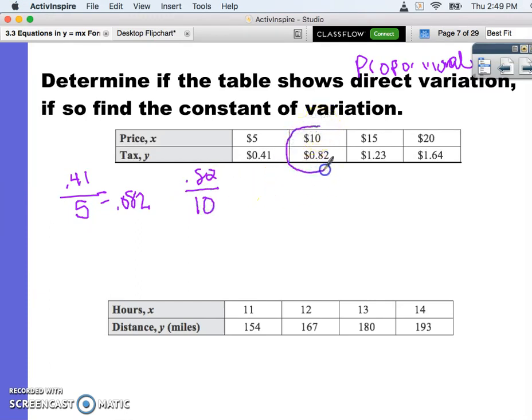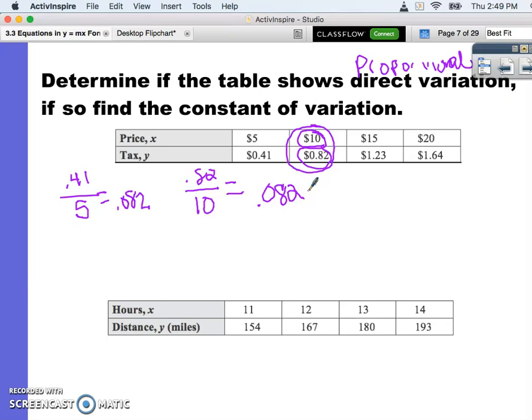Remember, you take your y and divide it by your x, and you need to simplify it down, and that's going to get 0.082. So right away, I know that it does show direct variation because it is proportional. It has a constant ratio.